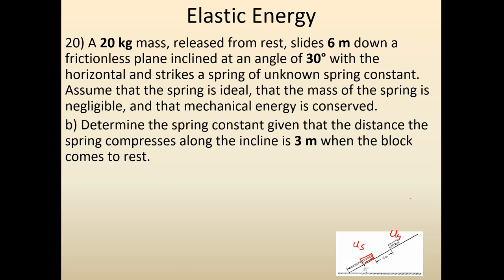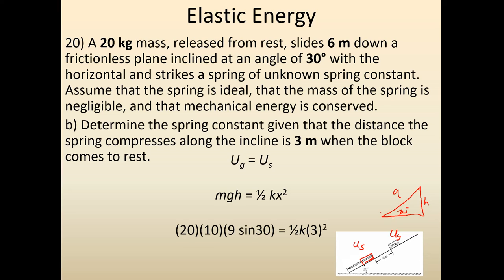So instead of it being 6 meters, now it's going to be 9 meters along the incline. And I do the same thing where I make my little triangle. H is going to be 9 sine of 30 this time. So when I set the energies equal to each other, I make sure to include that for the H. Notice I am not dropping the mass this time, because there is not a mass on the spring potential side.